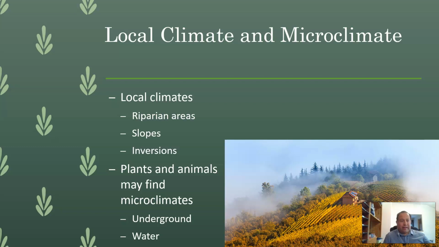So the idea is as you go up in elevation, it gets colder, but sometimes you can hit an inversion where you go up in elevation and it gets warmer, and that's a change in air pressure, and because of that change in air pressure, you can get different temperature shifts and different pressure shifts. And so you can have some of these different local climatic patterns.